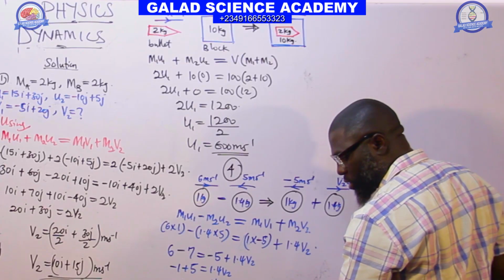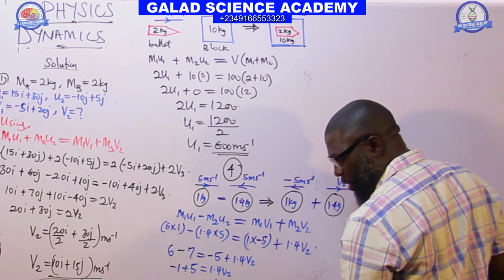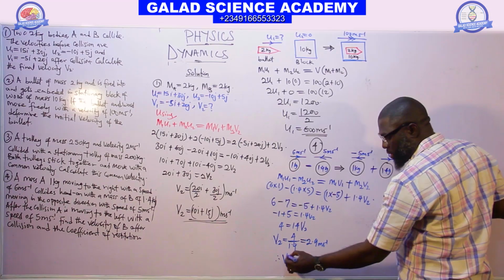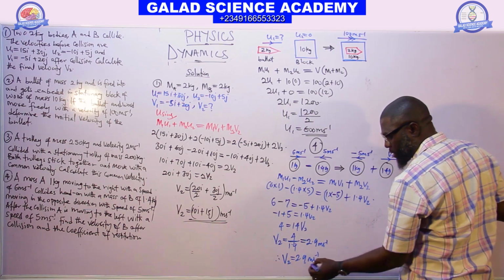It will give us 2.9 meter per second. Therefore, the velocity V2 is 2.9 meter per second.